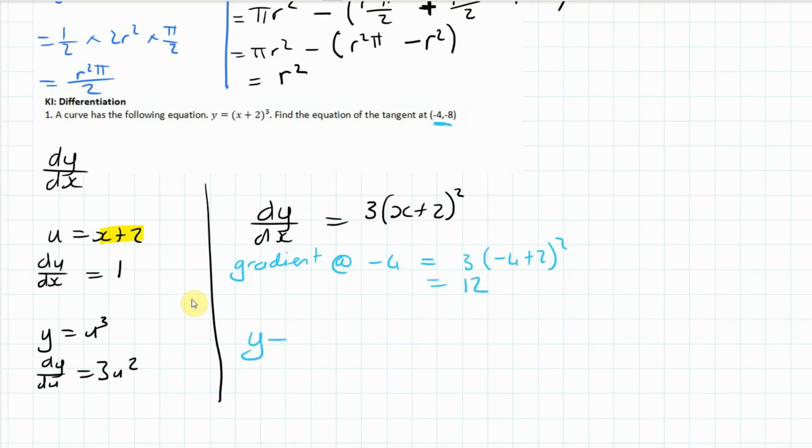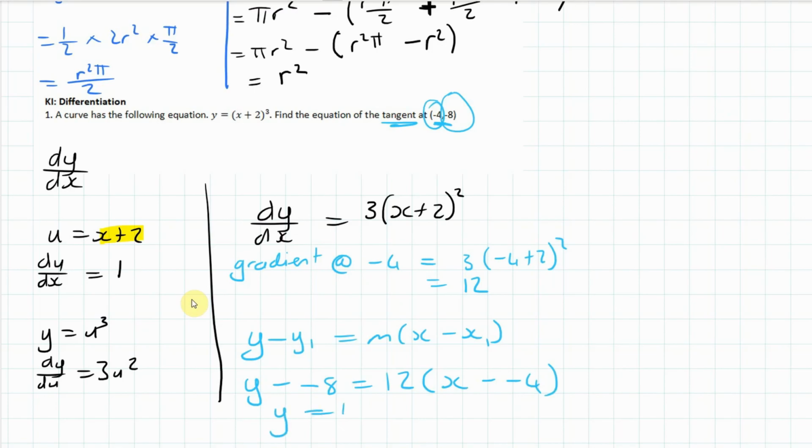Now we just use y minus y1 equals m into x minus x1, so equation of a straight line, because we've got a tangent, and we just pop in what we know. So y and the y value is -8, so y minus -8 equals, now our gradient is 12, we found that out, x minus, and our x value is up here, -4.